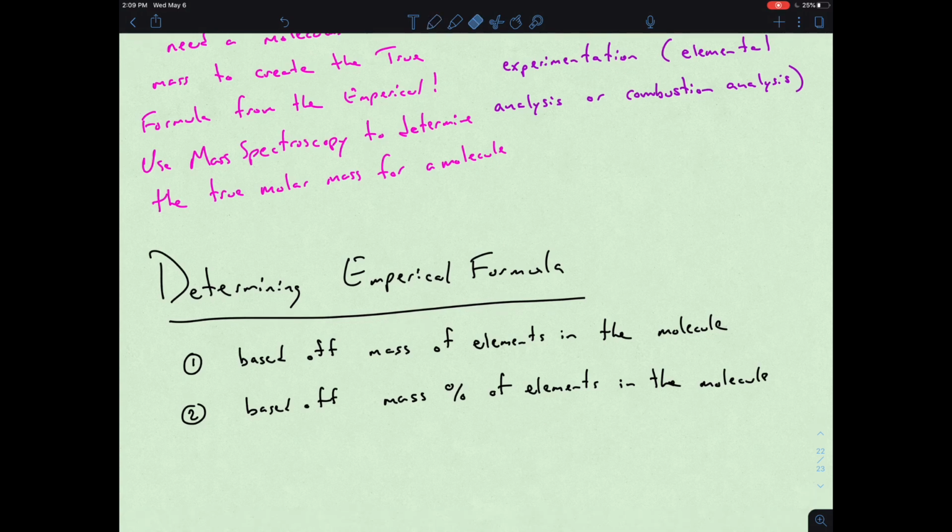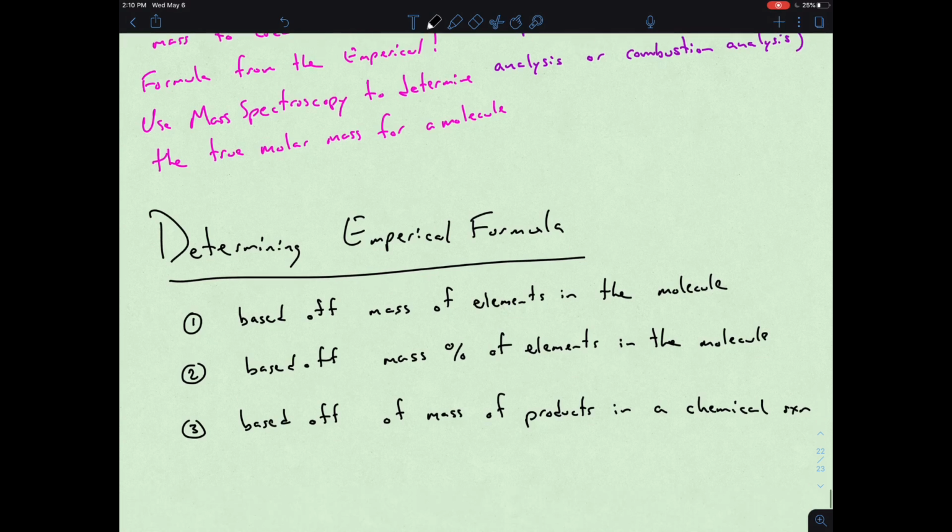And then the third one would be based off of mass of products in a chemical reaction. So those are the three ways that we can determine empirical formulas.